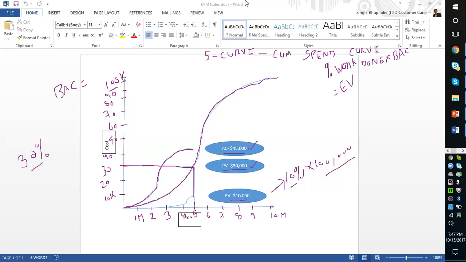Cost variance. Where do we see cost in the remaining things that we have to plug? Actual cost or planned value? Where is the word cost? It's in actual cost, not the planned value. So wherever it is cost, I'm just going to plug it. Actual cost for the cost variance, and here actual cost for cost performance index as well. So this is also gone now. What is left out now is the planned value.